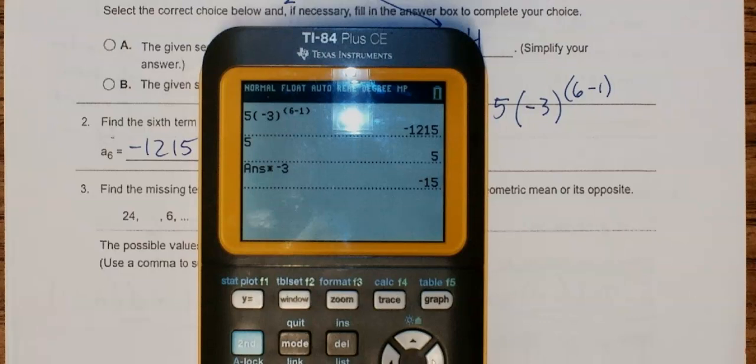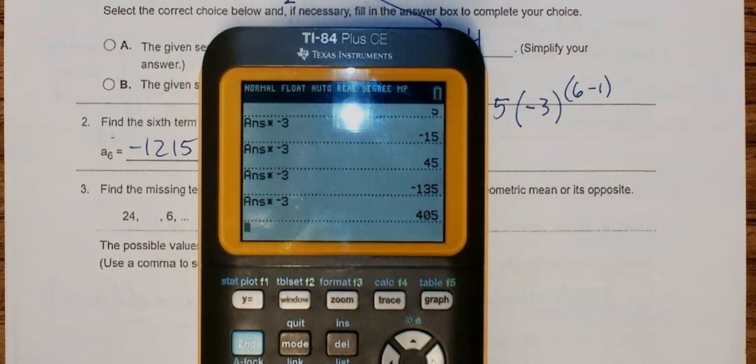Now, the reason I think this is a good strategy is because we're only looking for the 6th term. If we were looking for the 500th term, ain't no way I would be doing this. But 3rd term, 4th term, 5th term, 6th term, and we can see that it's negative 1215.